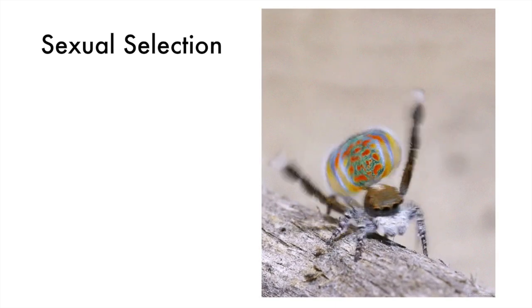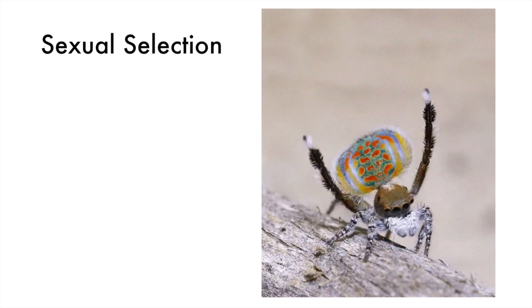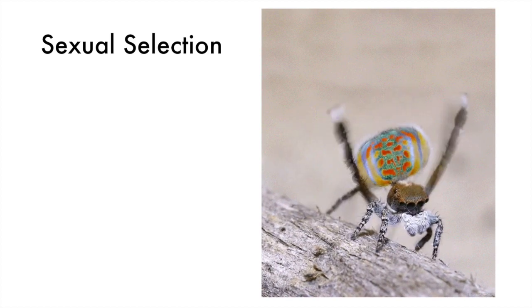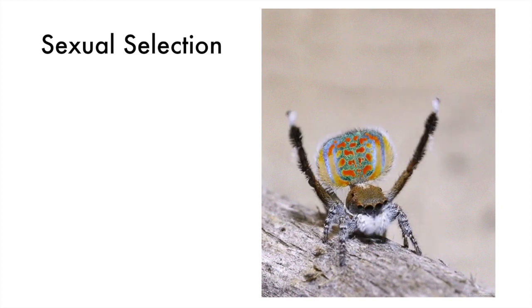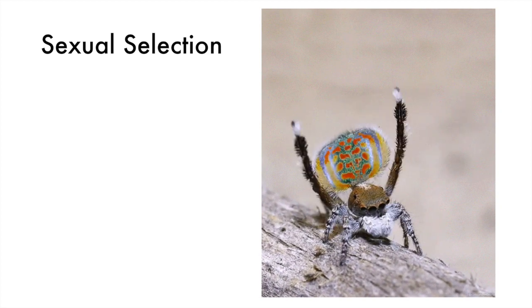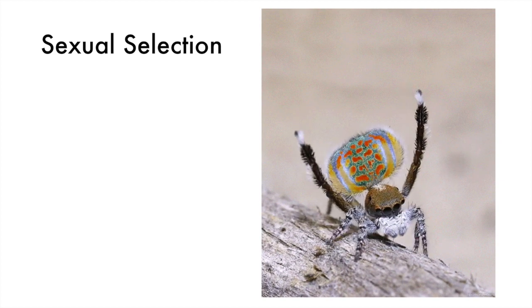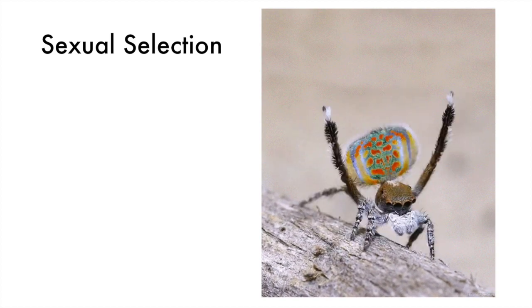Sexual selection means basically non-random mating. It means that you pick a mate, and there is a lot of evidence for sexual selection out there. There are a lot of organisms out there, like this peacock spider, doing this crazy dance.